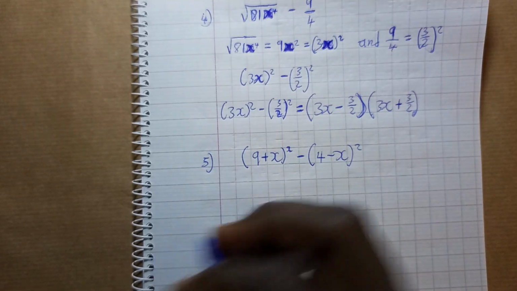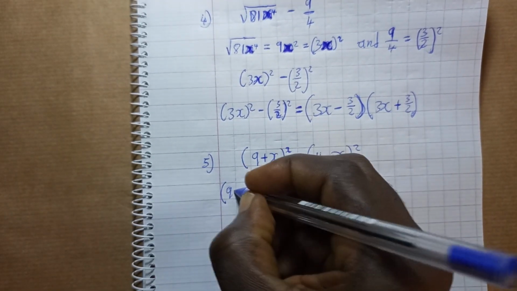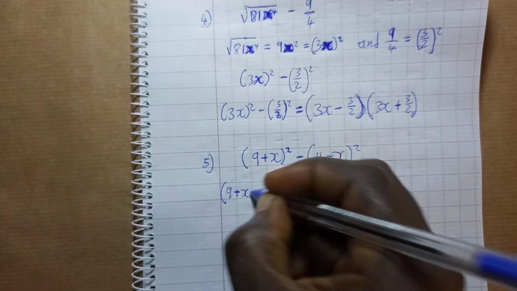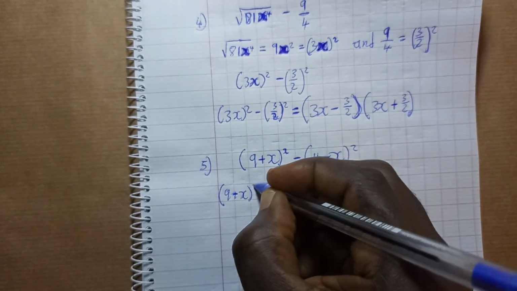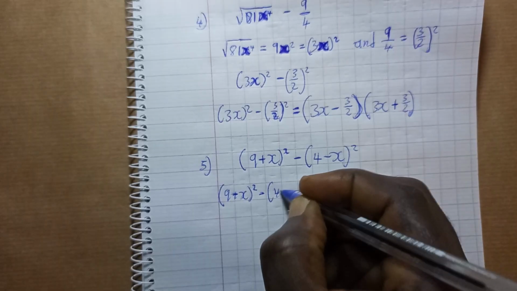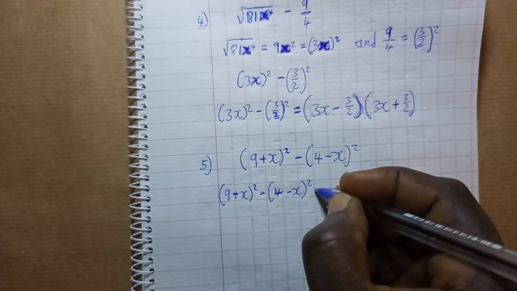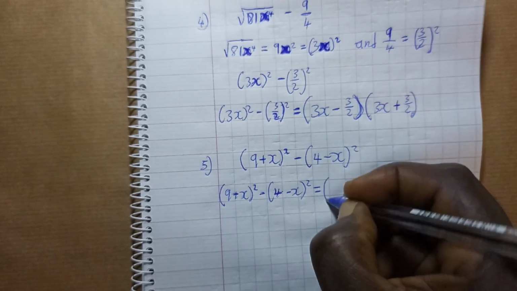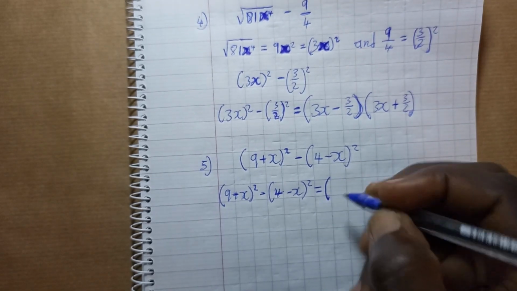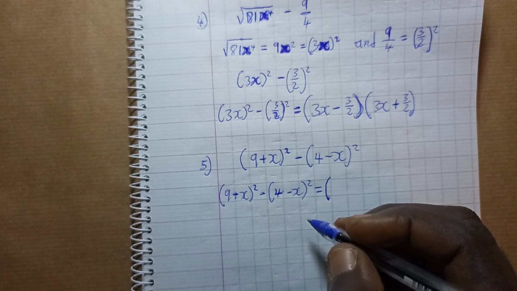Now applying the formula, we have that 9 plus x close bracket square minus 4 minus x square is equal to, now we are applying the difference of two squares formula.